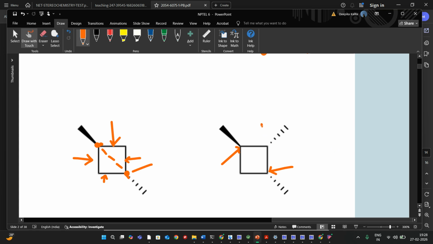But this carbon will not be asymmetric because it is linked to 2 identical substituents. But since this molecule does not have a plane of symmetry, hence this molecule is going to be a chiral molecule.